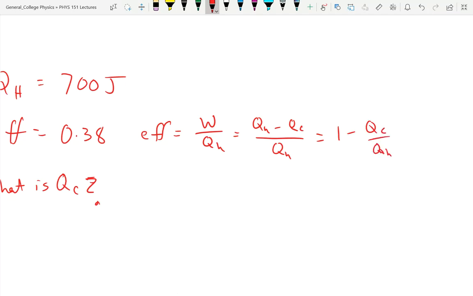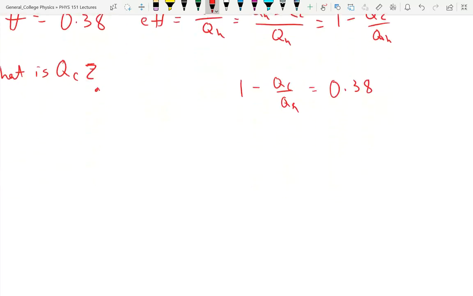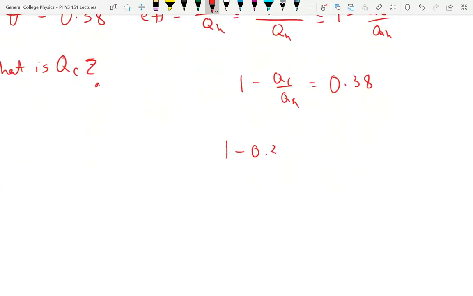And now I have an easy calculation. 1 minus Q cold over Q hot is equal to 0.38. Rearrange that. 1 minus 0.38 is equal to Q cold over Q hot. So 1 minus 0.38 is 0.62.